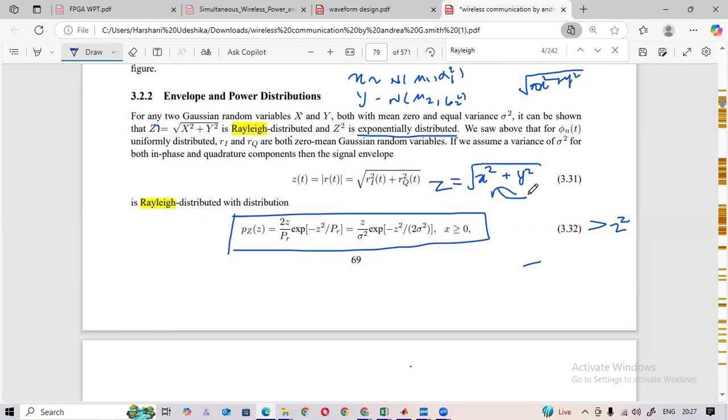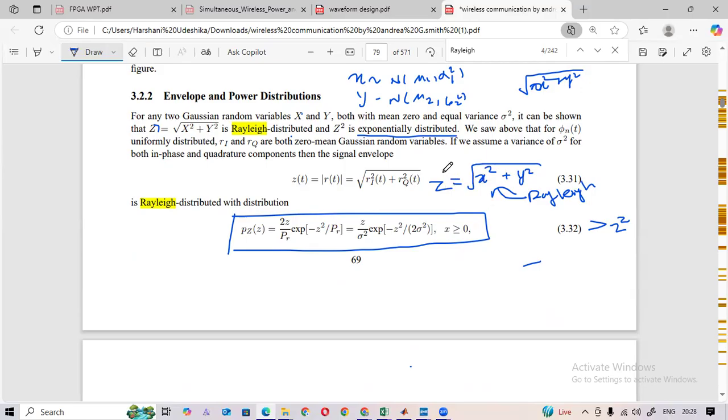I just interchanged them. And you need to get the square root, okay. And you can see this in MATLAB actually, okay. So this is the Rayleigh distribution.